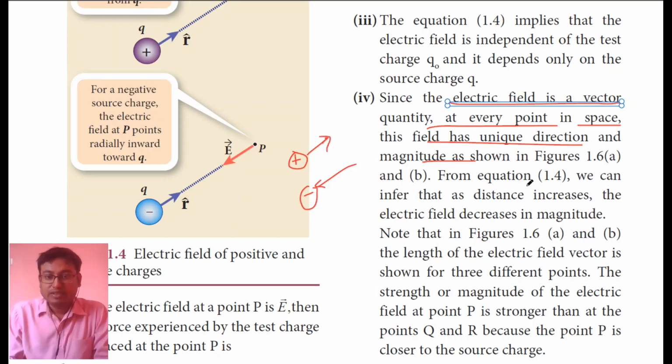From equation 1.4, what was our equation? That is E is equal to F by Q naught. We can infer that as the distance increases, the electric field decreases in magnitude.